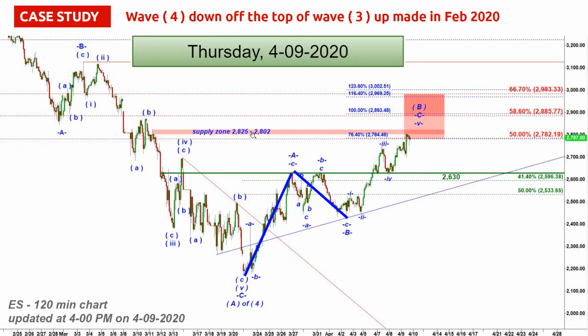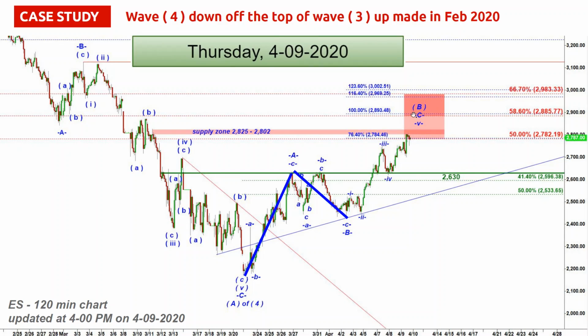Now I want to tell you one thing: when you watch a topping count in ES Mini, it always makes sense to switch to NQ and QQQ, because normally the count in Q is cleaner, and this is what we are going to do now. This is QQQ, and if we look at QQQ, we see a slightly different picture.